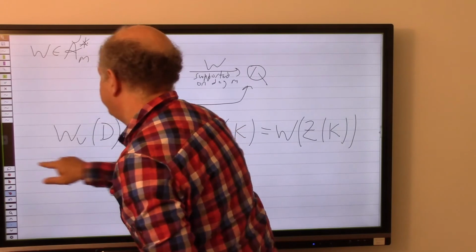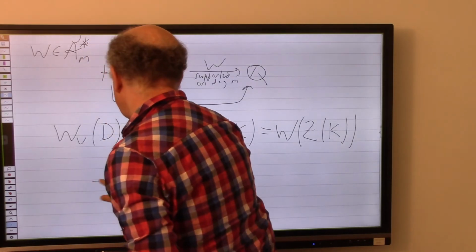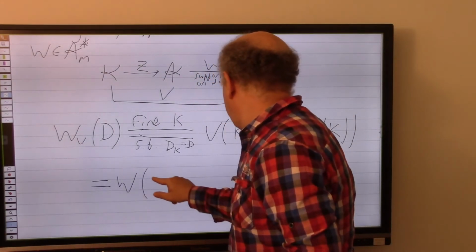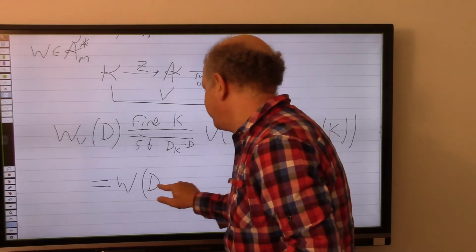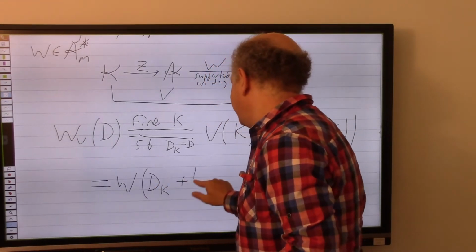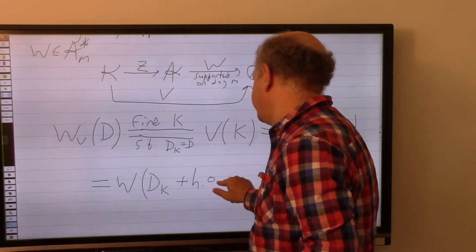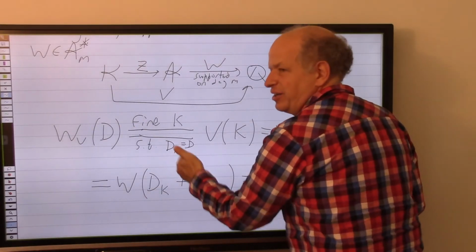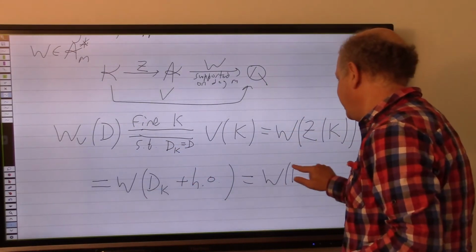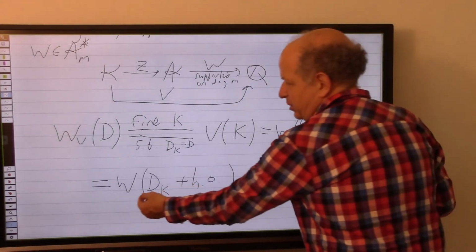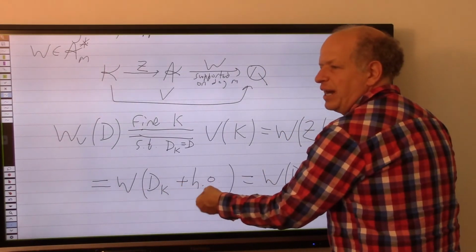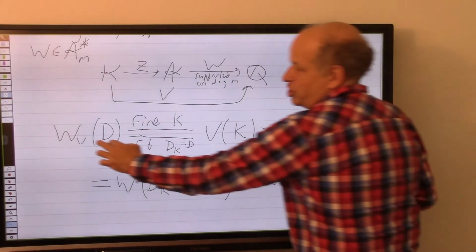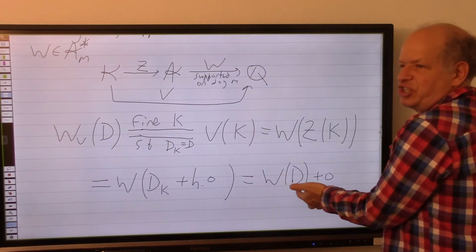So this is W evaluated on the diagram of K plus higher order terms. But the diagram of K is simply the diagram I started from. So this is W evaluated on D plus, but W was extended to 0 in all other degrees. So plus 0. And that's what we wanted. I wanted to show that the weight system of V is W, and I've just shown it.